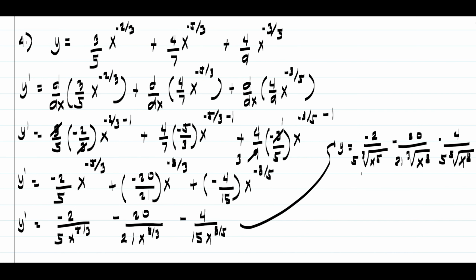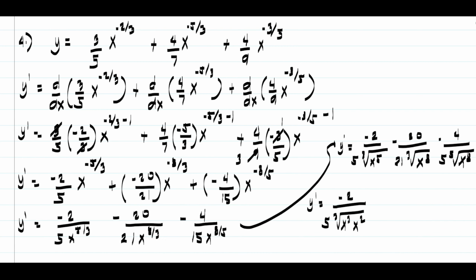And then, to simplify this one, we can write y prime equals negative 2 over 5. Since our index is 3, we are going to get the perfect cube inside the radical sign, which is x cubed. So this will give us x, or we can write it as cube root of x cubed, and then x squared, because 3 plus 2 will give us 5.